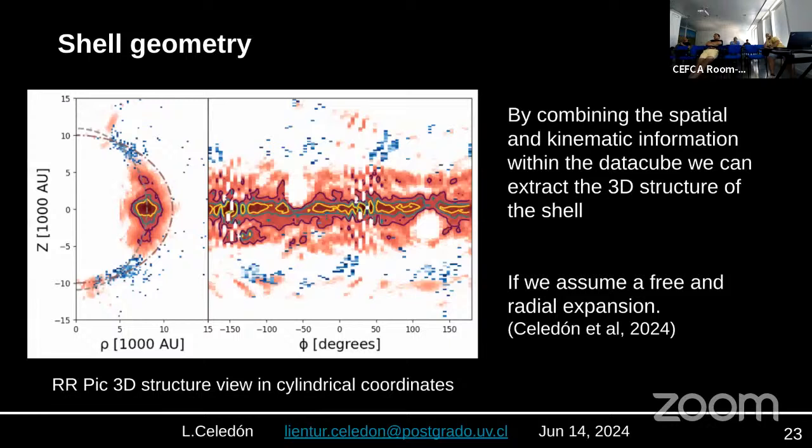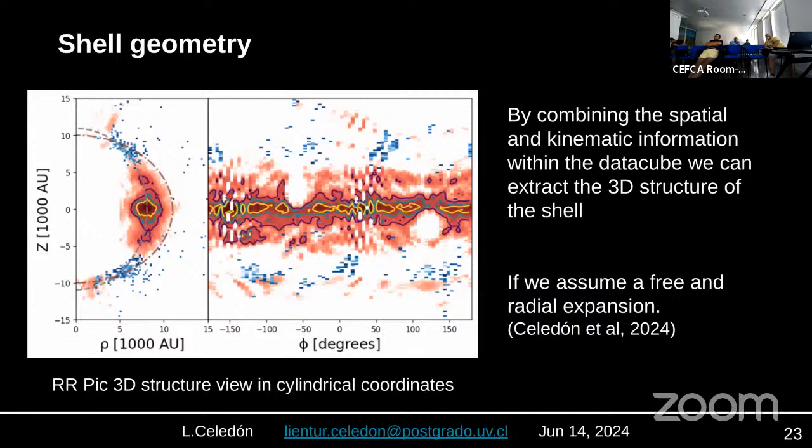By playing a bit with the axes, we can present the same data in cylindrical coordinates, and here we can see the geometry of the equatorial ring and how it expands. We can see this kind of choke or bow-shock-like structure of material here, and interestingly, the oxygen is present only in the gaps between hydrogen.